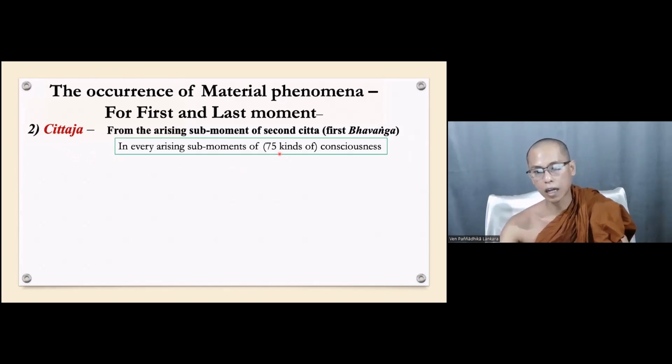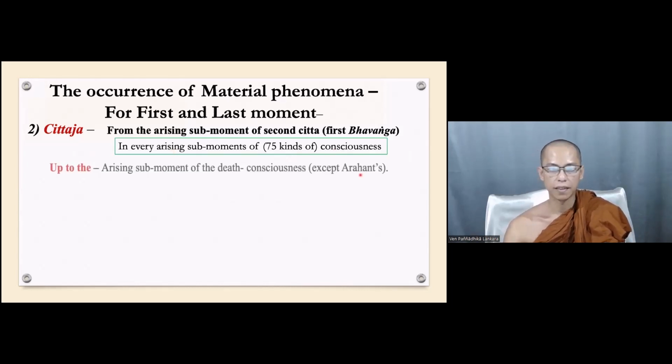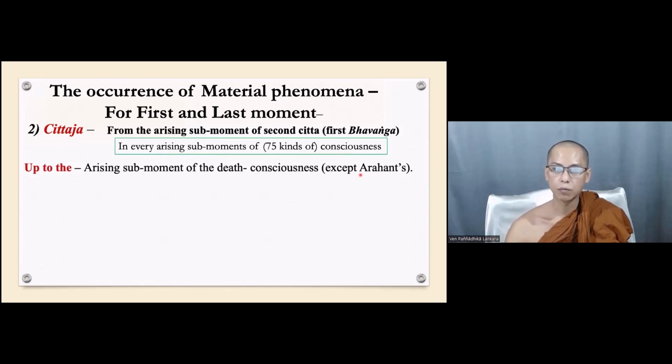But not all types of consciousness produce materiality. We already studied which 75 kinds of consciousness can produce materiality. So we understand the repetition of production is in every arising sub-moment of 75 kinds of consciousness. Then, what is the last moment of production? The arising sub-moment of death consciousness.